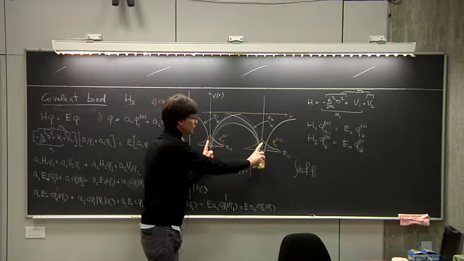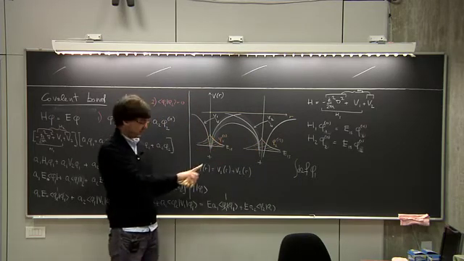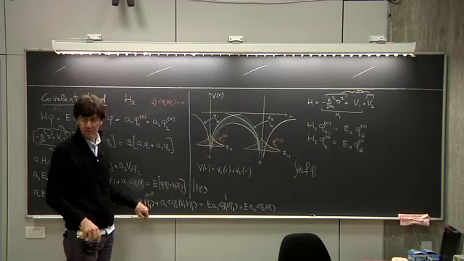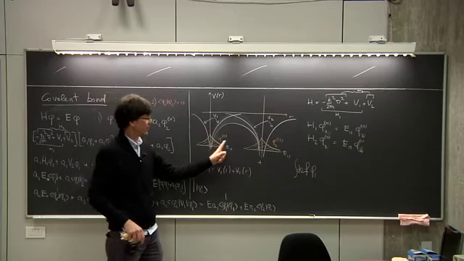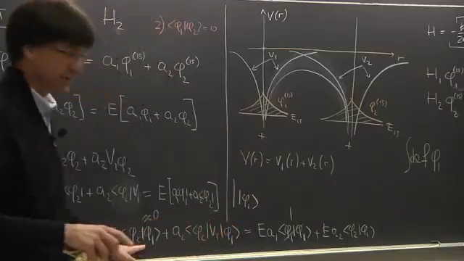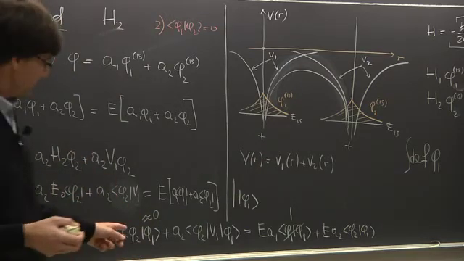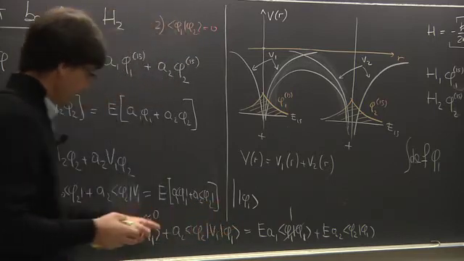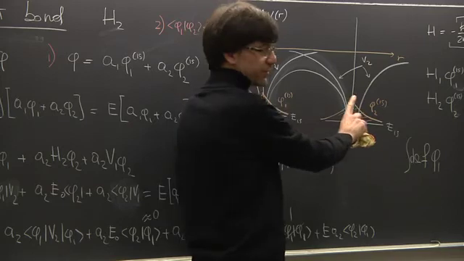So if these two wave functions were to sit in the same place, this would be 1. If I bring this proton here, phi 1 and phi 2 will be exactly overlapping, and so this will be exactly 1. They're actually the same wave function. So this overlap is proportional to the overlap between these two wave functions.